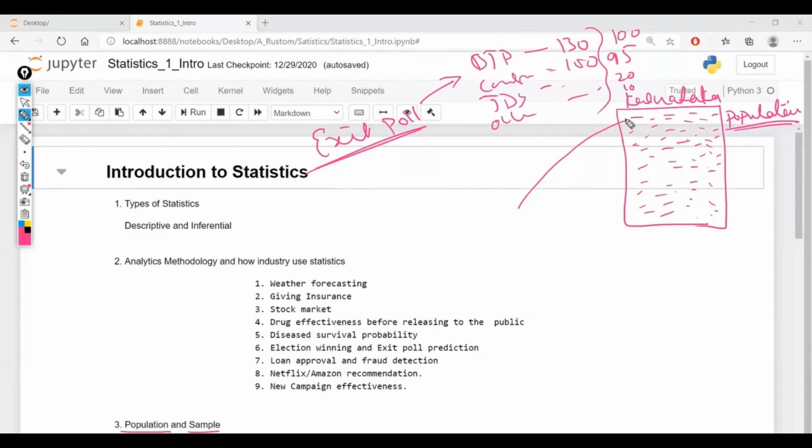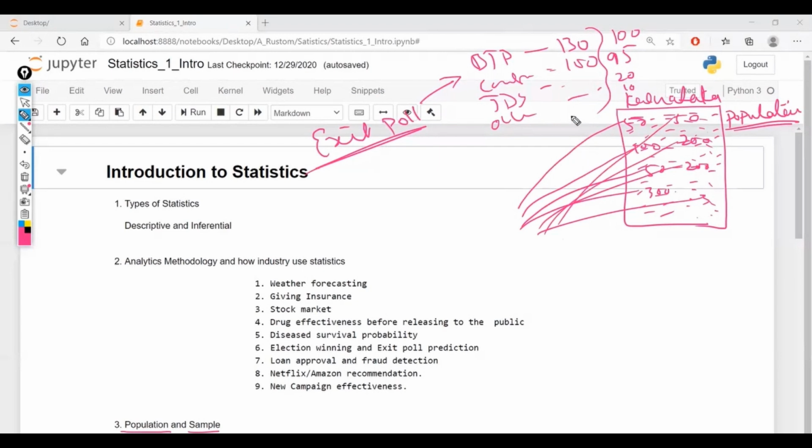I will pick some 50 people here, 50 people here, 100 people here, 200 people here, 50 here, 200 here, 300 here. Like that, I will start collecting data randomly from different parts of the state.